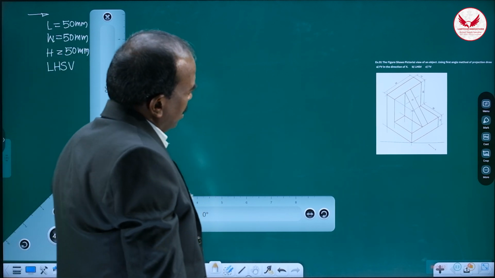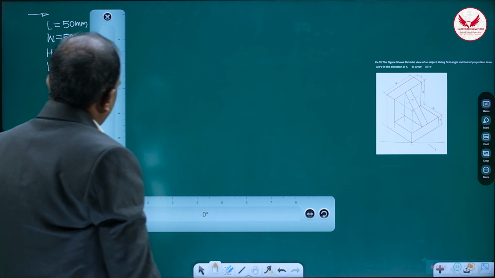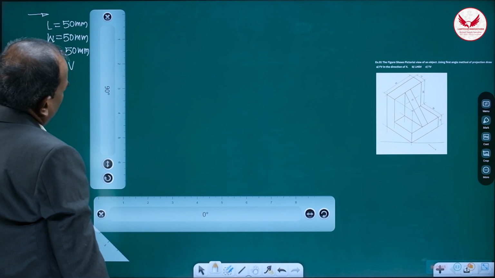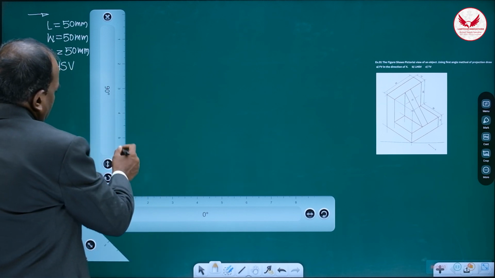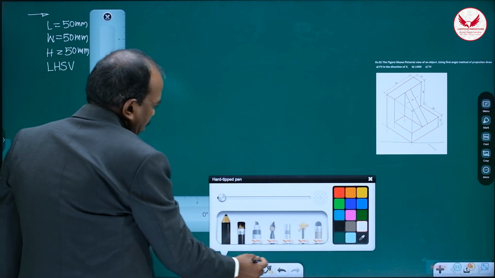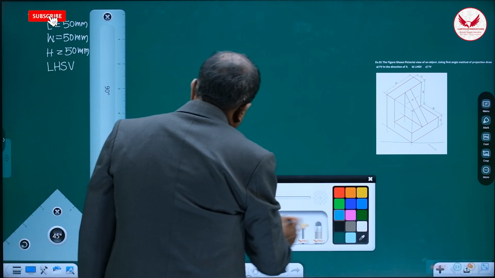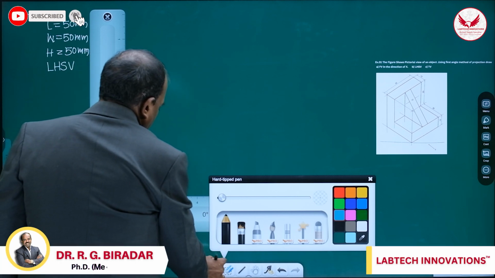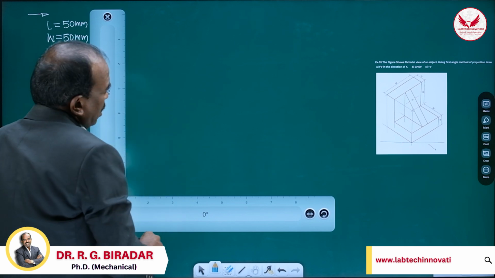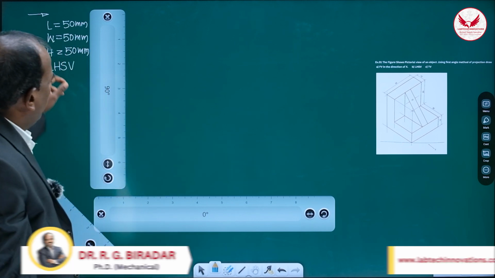Then after that, what I'll suggest is that you immediately mark the first horizontal line at a distance which is more than the height. The height of this object is how much? 50 mm.